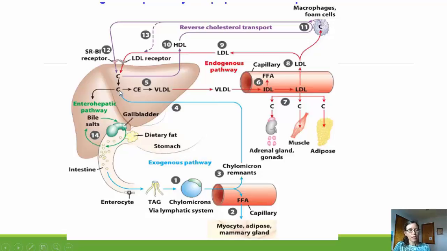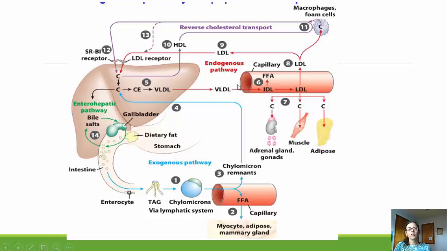So this cholesterol can be repackaged into bile salts, and then this goes back into our digestive process. But we can also have other outcomes for this cholesterol from the chylomicron remnant. This chylomicron remnant, along with triglycerides that are in the liver from excess carb and excess fat, are going to be packaged into VLDL lipoproteins.